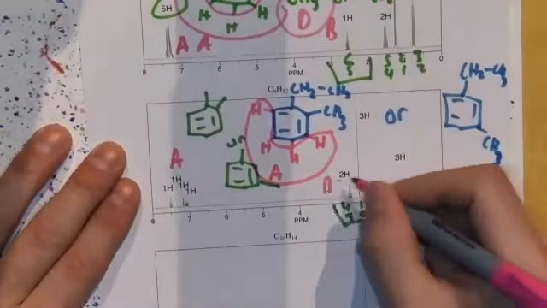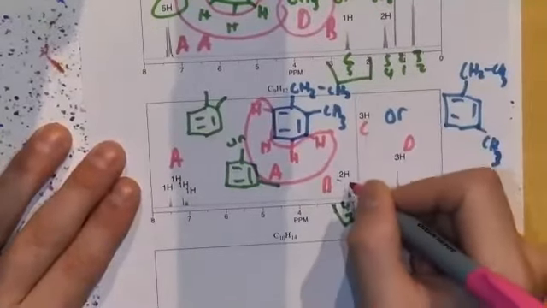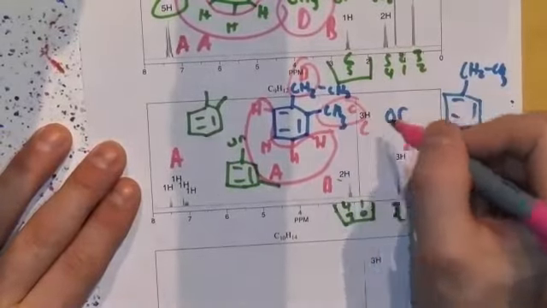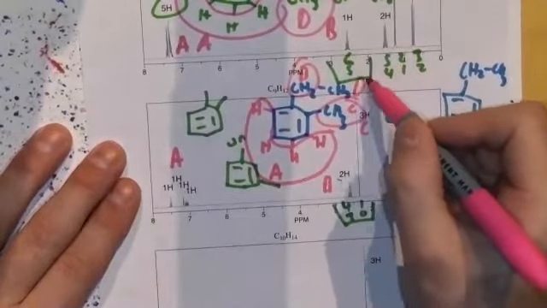B is going to be our CH2. C is going to be our CH3 attached to the ring because it has 0 neighbors. D is going to be the one attached to this CH2 here. So for this one, you'd end up with 2 different products.